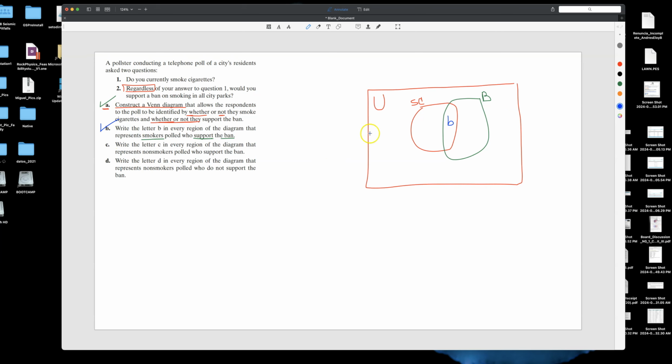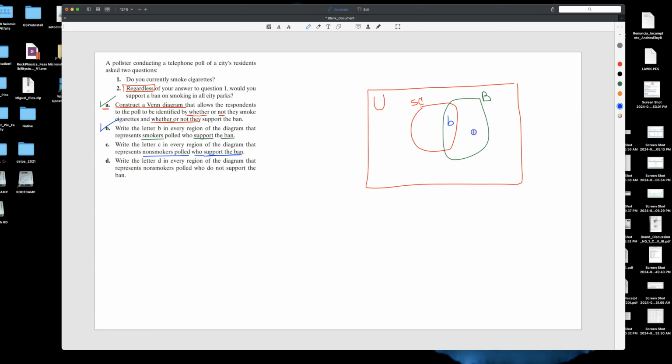So we know we are not going to be able to place the letter C in the inner side of the smoker set. They are non-smokers, but they support the ban. Since they are non-smokers, it cannot be here, nor in the intersection, but they support the ban, so it should be in this region over here.